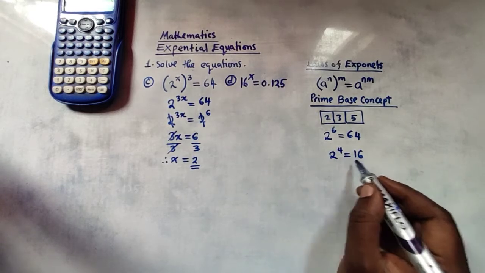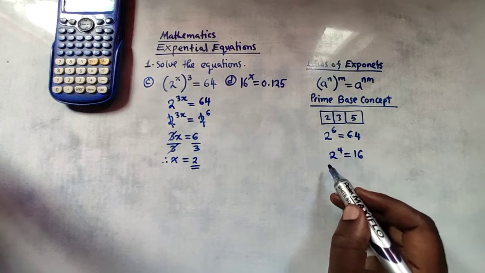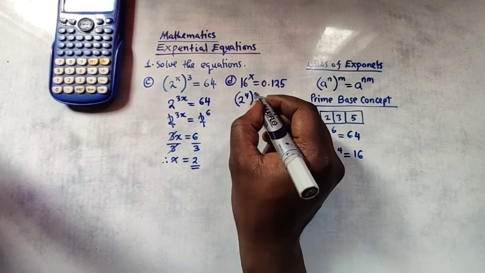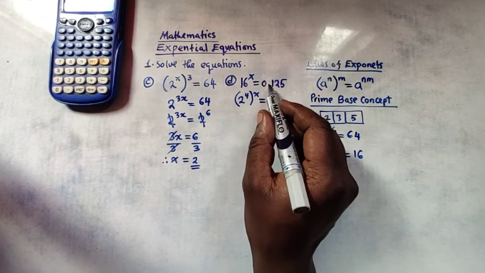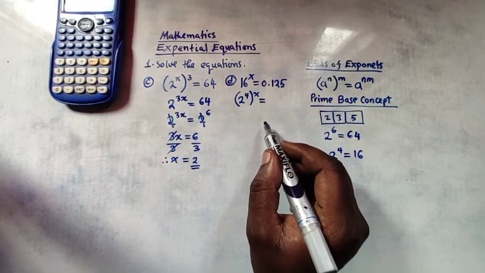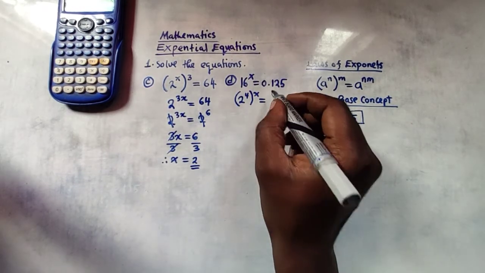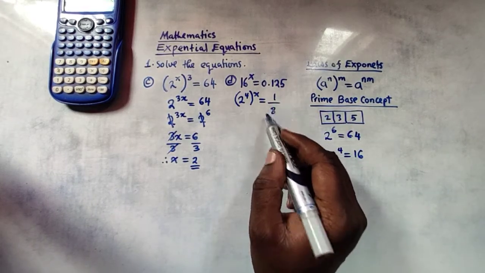So I can substitute 16 by 2^4, which gives (2^4)^x, equal to 0.125, which I'll express as a fraction. We know that 0.125 is actually 1 over 8. We agree on that, all of us.